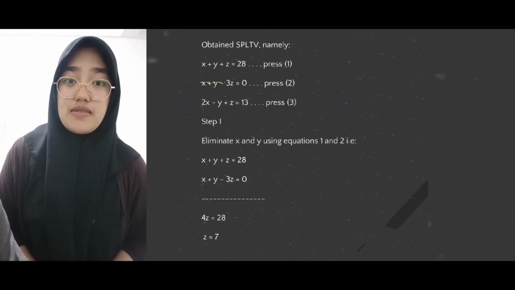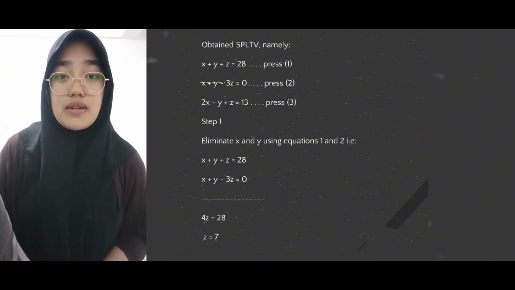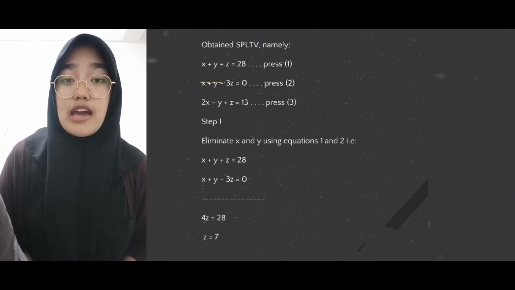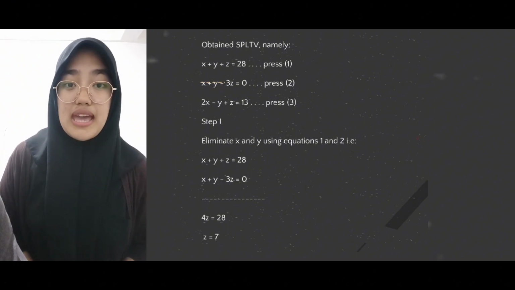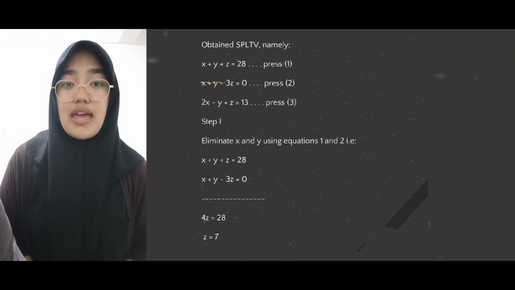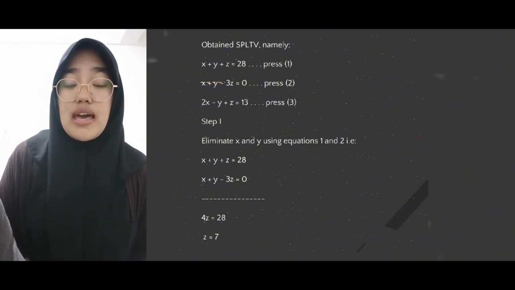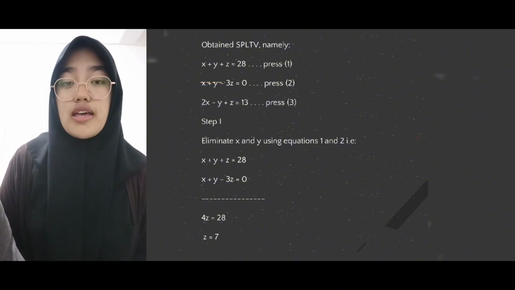Obtain the SPLTV, namely x plus y plus z equals 28, equation 1. x plus y minus 3z equals 0, equation 2.